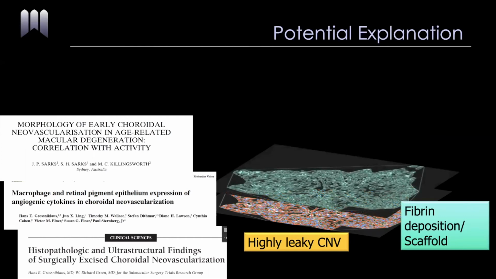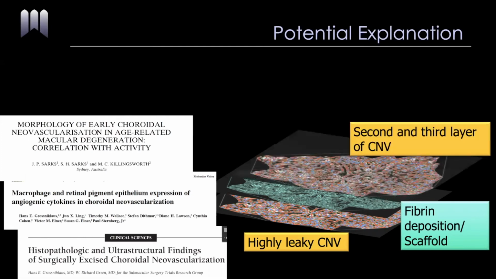And when fibrin is deposited, it creates another lamina upon which more neovascularization can grow. And with this highly leaky membrane, there's more scaffold and more CNV layers. So what we were seeing was a histopathologic feature perhaps of these highly leaky membranes, and which explained why we required frequent injections in these eyes.